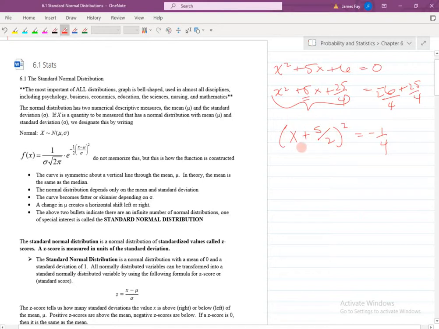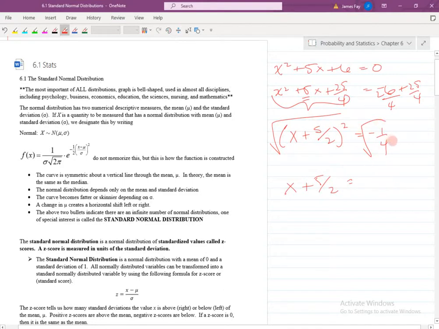What this allows me to do then is to use the square root method, and then I can find the zeros, whether they be real or irrational.